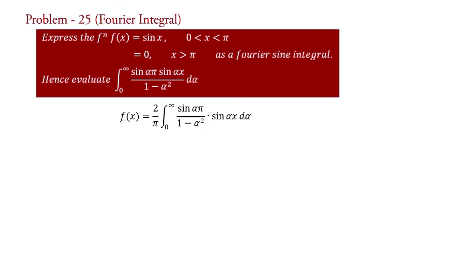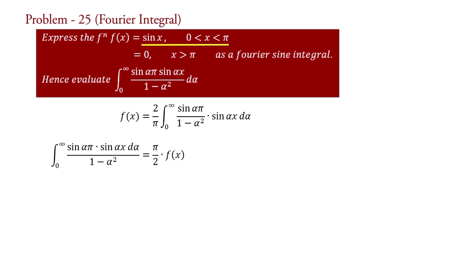Now let's evaluate the required term from this integral. Transfer this 2 upon pi to the left side. Therefore, integration 0 to infinity sine alpha pi into sine alpha x d alpha upon 1 minus alpha square equal to pi by 2 into f of x.